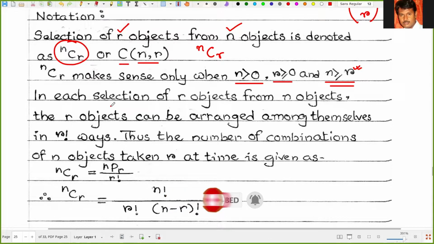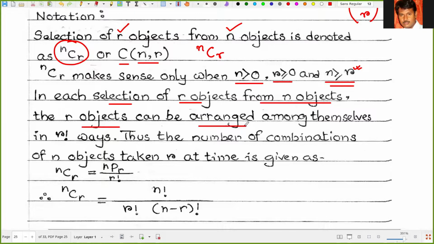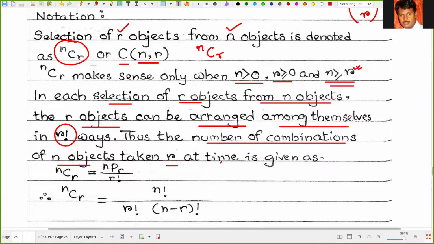Now, in each selection of r objects from n objects, the r objects can be arranged among themselves in r factorial ways. Thus, the number of combinations of n objects taken r at a time is given as nCr, that means nPr upon r factorial.